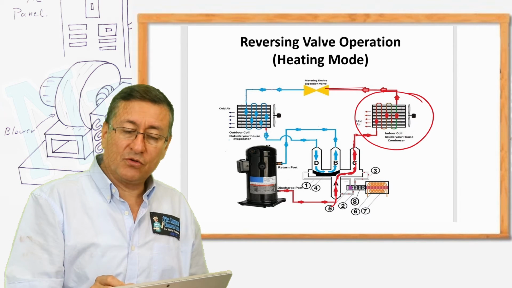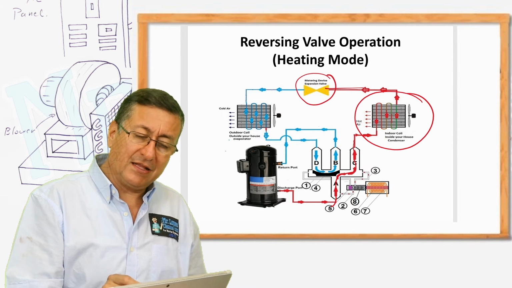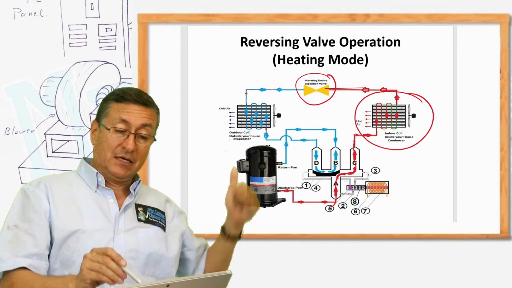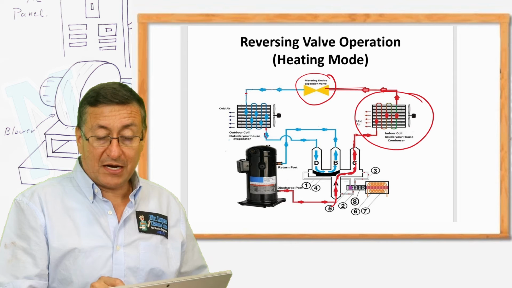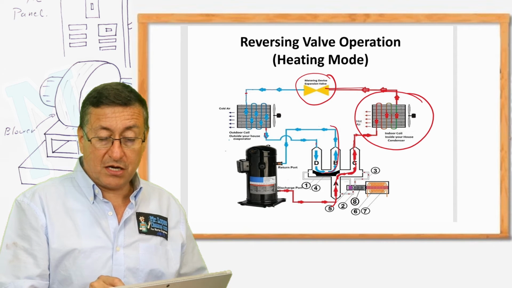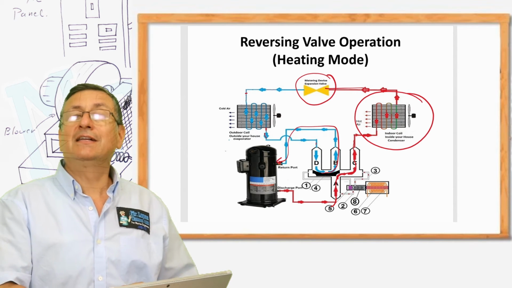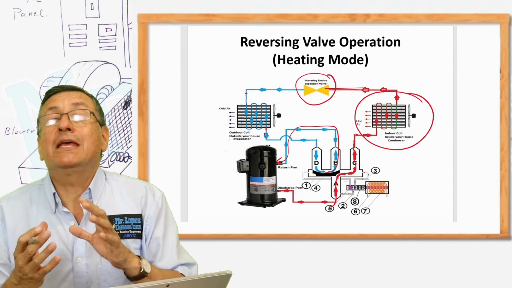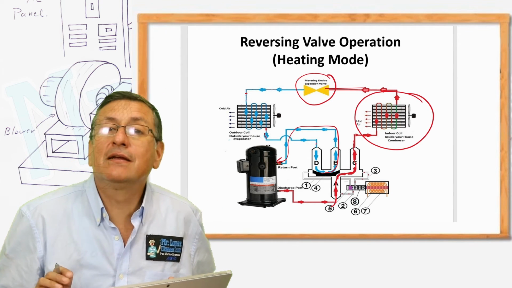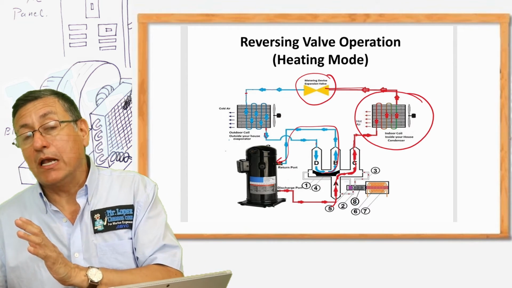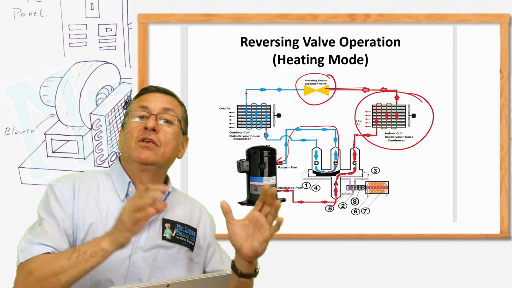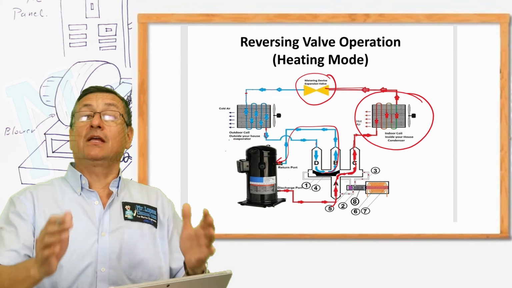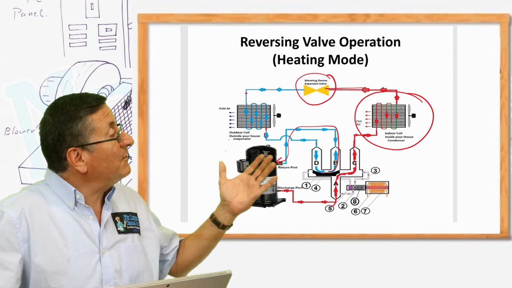The refrigerant goes into the expansion valve and enters the evaporator, but right now the evaporator is located outside. The refrigerant returns here and enters over there. This is the heating mode. Depending on where the refrigerant is entering, the indoor coil or the outdoor coil, you have heating mode or cooling mode. That's the situation that we are going to analyze in this video clip.